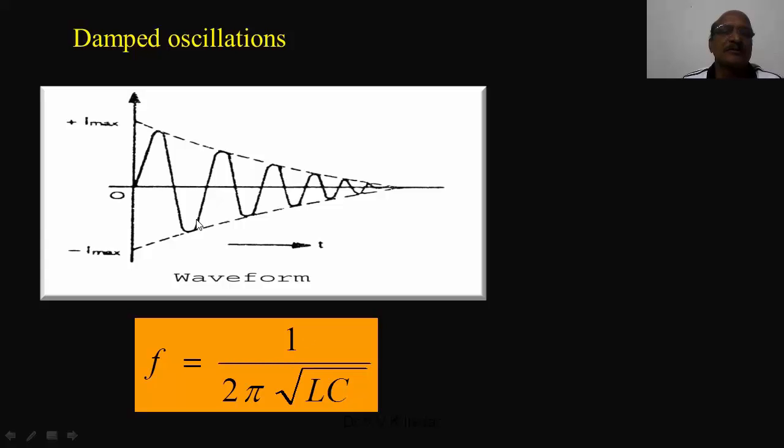So the frequency of these oscillations depends upon the values of inductance and capacity used in the tank circuit. Remember, these oscillations are damped oscillations because the amplitude of oscillation goes on decreasing as time passes, and the oscillations die out or vanish.